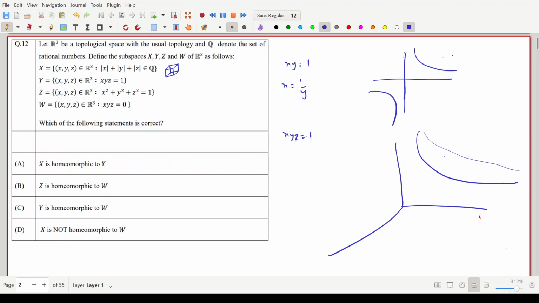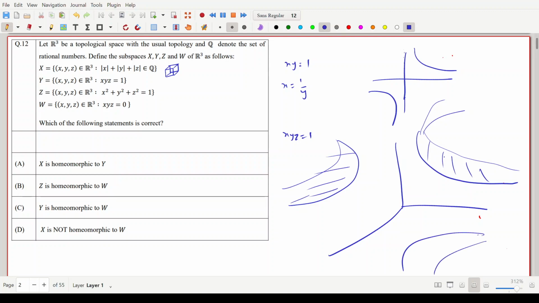It is a mat which is covering that side, and there will be a mat which is covering this side, and another covering this side, and so on. All the possible combinations will be there. So in all the octants I'll be having this type of figure, something like a mat.